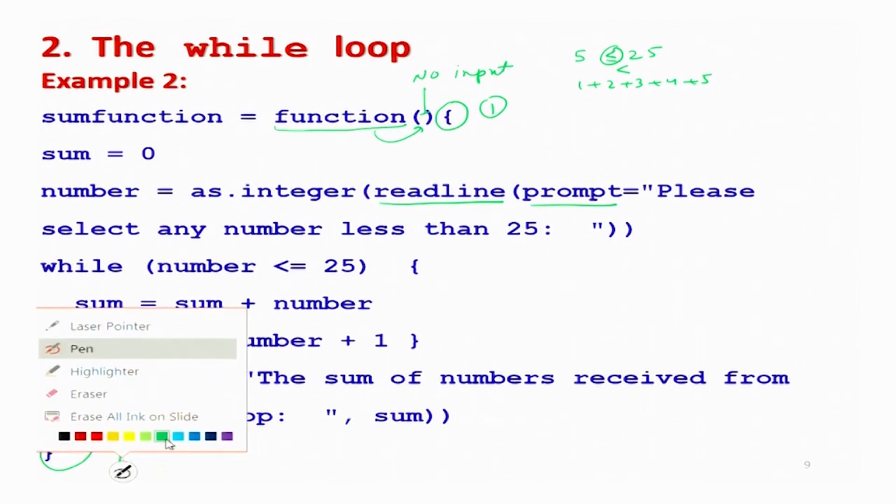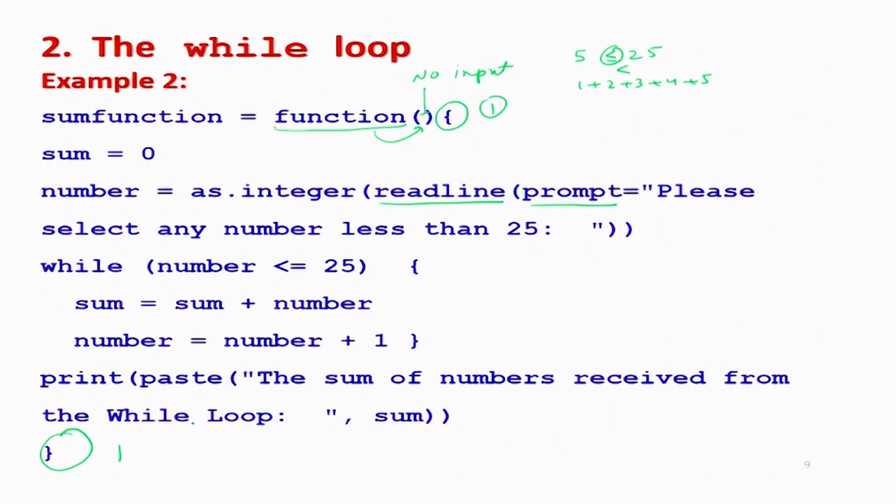After this I take an initial variable sum. This is initialization. Then I choose a number, which is the number someone will enter, and the objective is that the sum up to this number is going to be found. This number has to be an integer, that is my requirement.